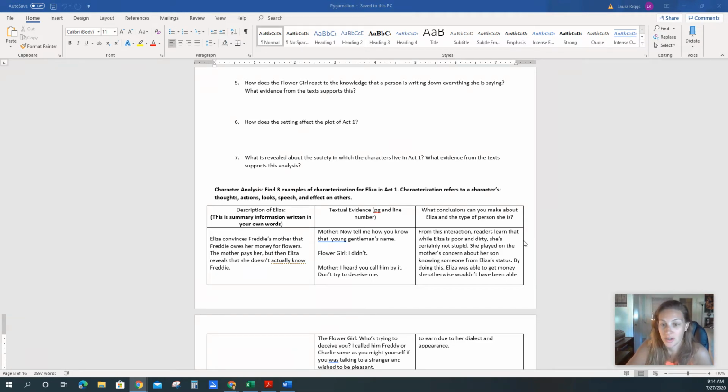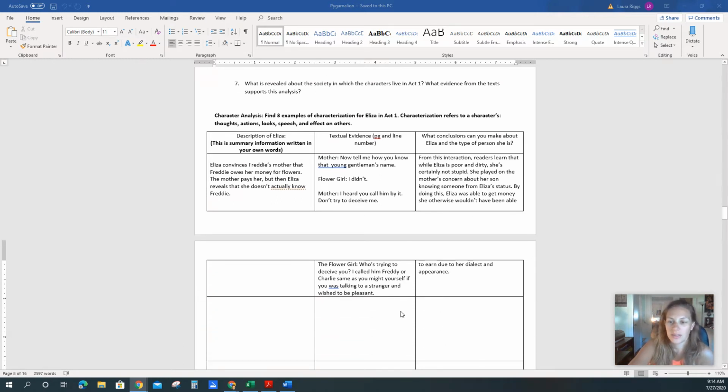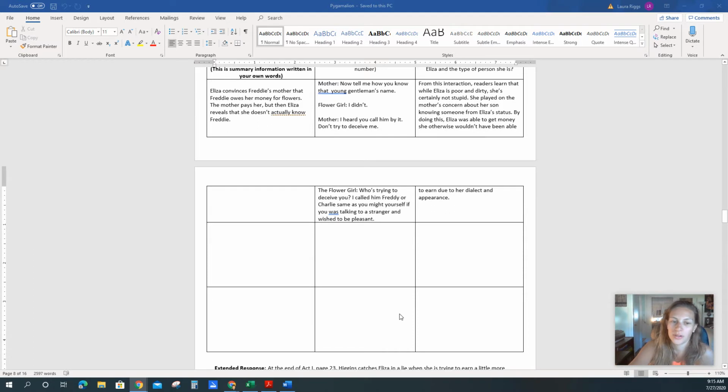She's certainly not stupid. She played on the mother's concern about her son knowing someone from Eliza's status. By doing this, Eliza was able to get money she wouldn't have otherwise been able to earn due to her dialect and appearance. And you only need 3 examples from each act, and this will help you as you move towards the final analysis.